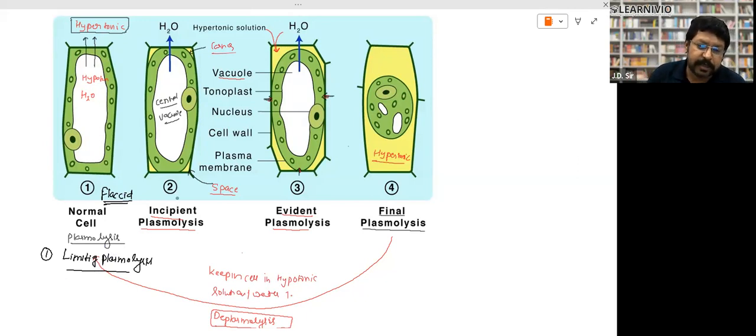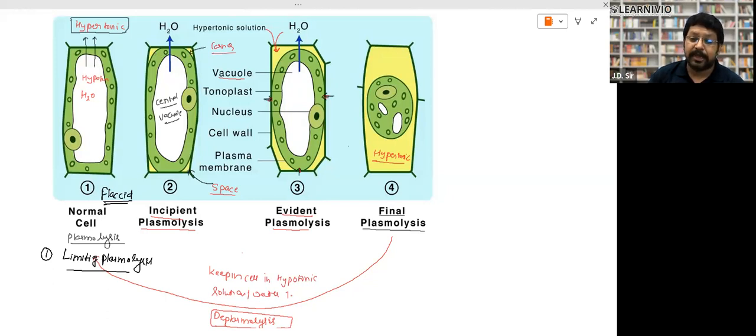Again, in second, incipient plasmolysis. What will happen in incipient plasmolysis? Suppose that we increase the external concentration more, meaning we make it a more hypertonic solution, or the cell is kept for a longer time period. Now more water will come from the central vacuole. Now the protoplasm or plasma membrane will start pulling itself from the corner of the cell wall, right?